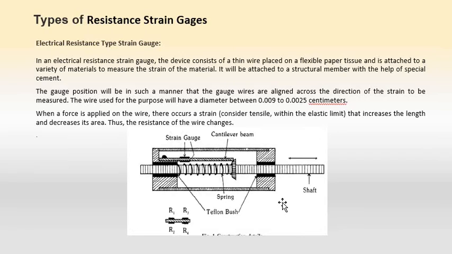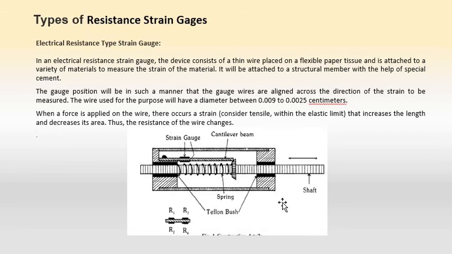As the shaft is moving, the cantilever beam will get moved towards the spring. As a result, the strain gauge material, the metal pieces, say R1 and R2, will get compressed. In some cases both will get compressed, or one will get compressed and the other will get elongated.